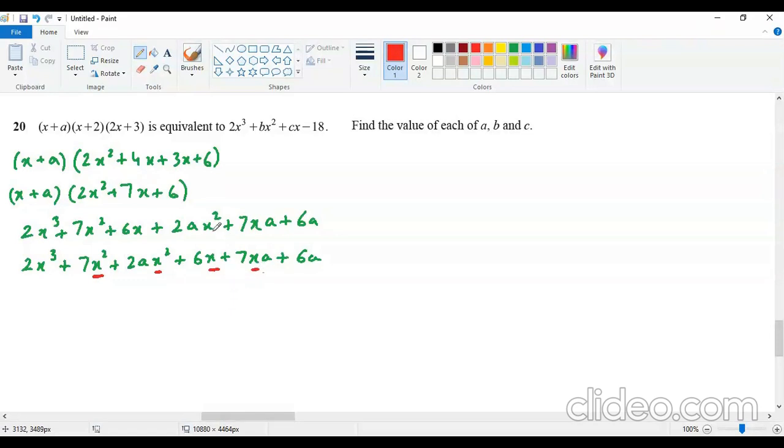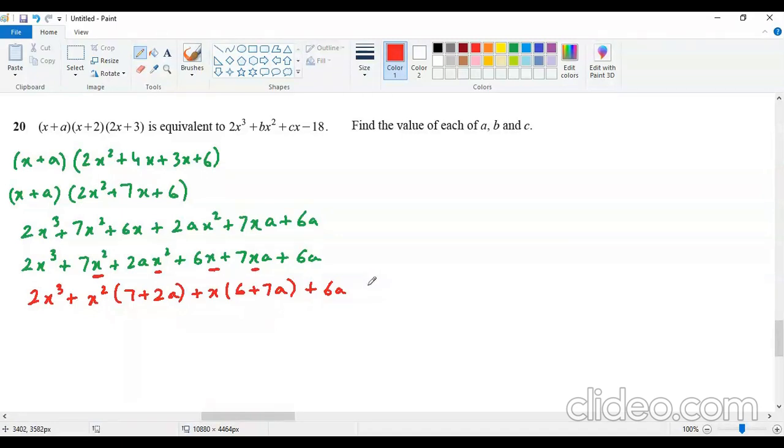Get it? So now what we do is 2x cube plus x square taken common, 7 plus 2a, and from here x is taken out, so you will have 6 plus 7a, plus 6a. So this is something we will keep separate.